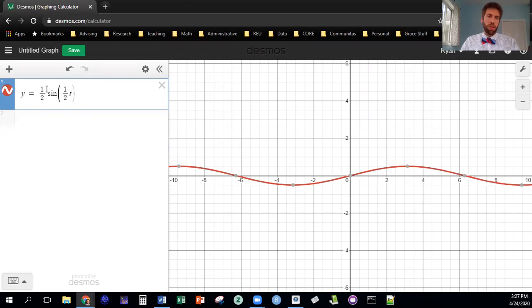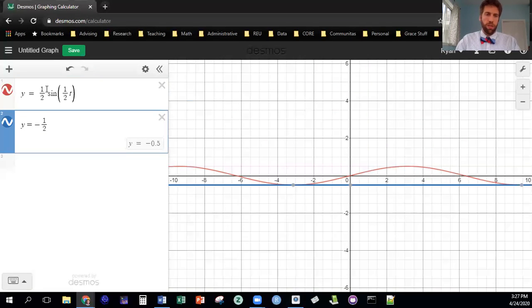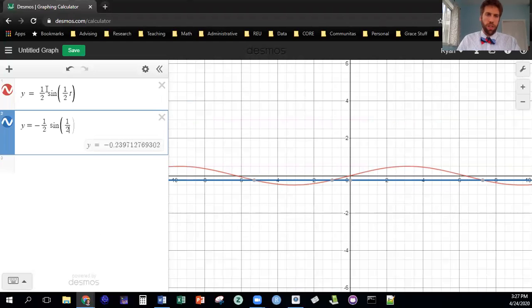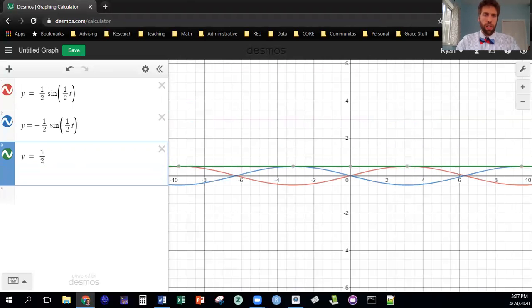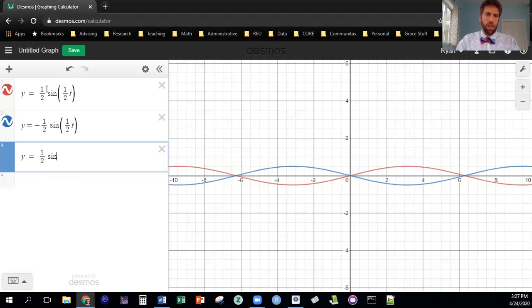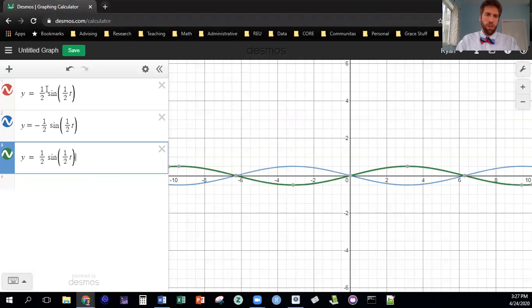And then I also want the negative of that, so y equals negative 1/2 sine of 1/2 t. And then y equals 1/2 sine of 1/2 t times sine of 21 over 2 t.